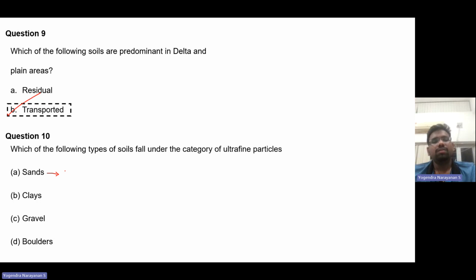Sands usually are around the size of 75 microns to 4.75 millimeters. Gravels will be greater than 4.75 millimeters.